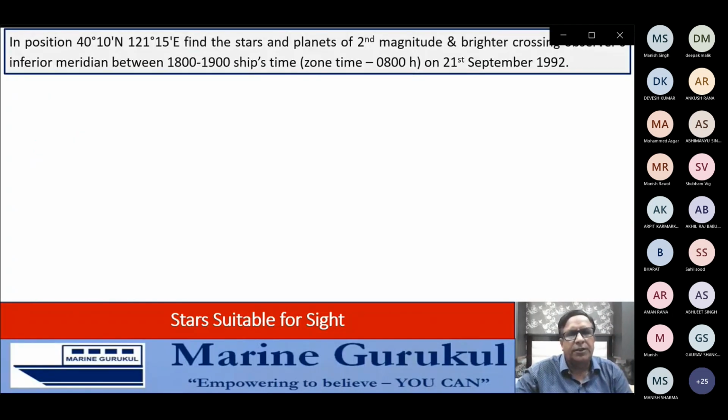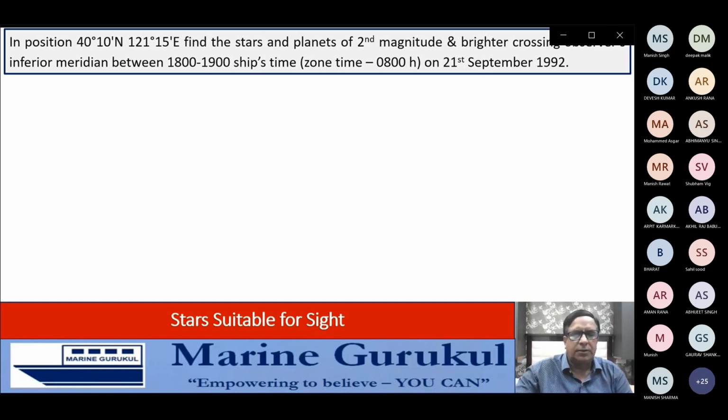In position 40 degrees 10 minutes north, 121 degrees 15 minutes east, find the stars and planets of second magnitude and brighter crossing the observer's inferior meridian between 18 to 1900 hours SMT, zone time -8 hours, on 21st September 1992.